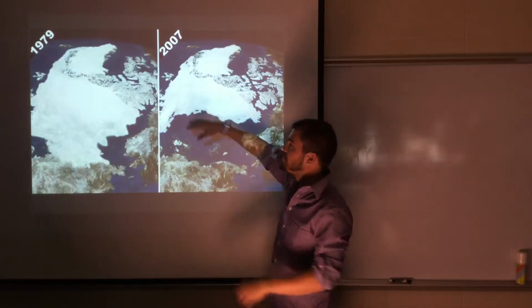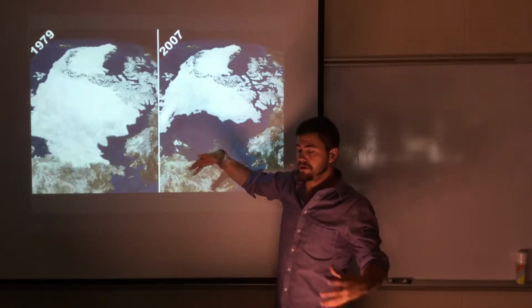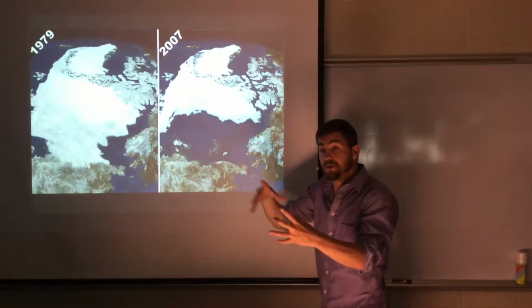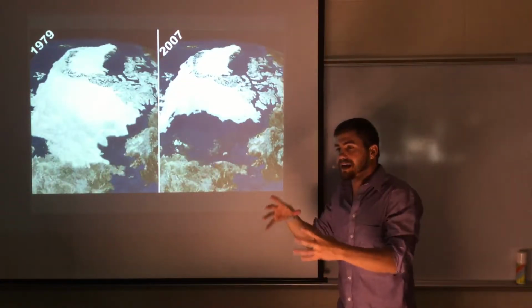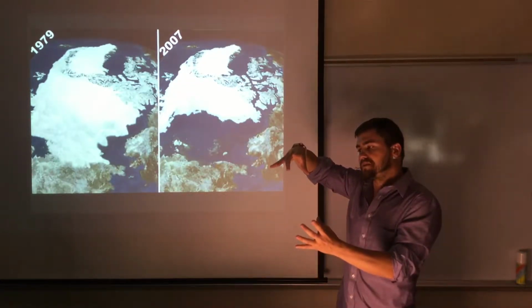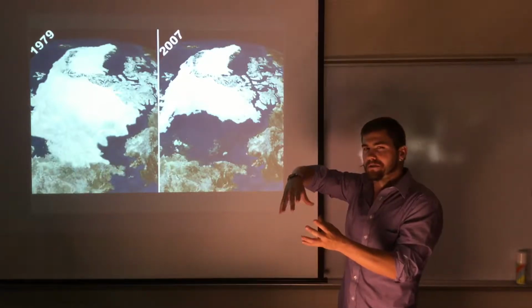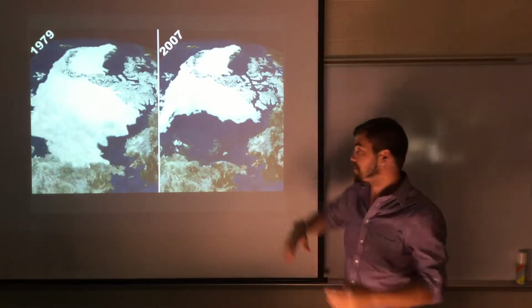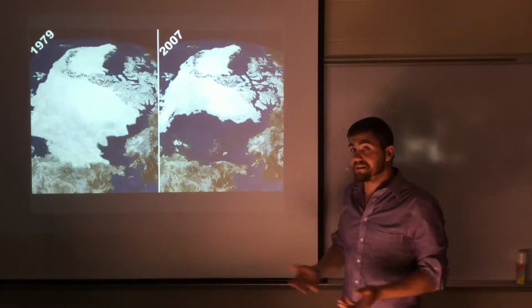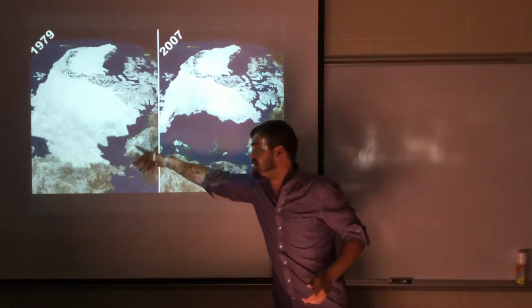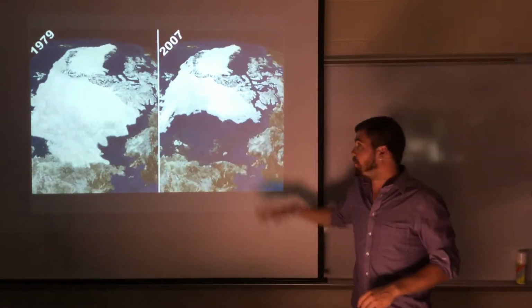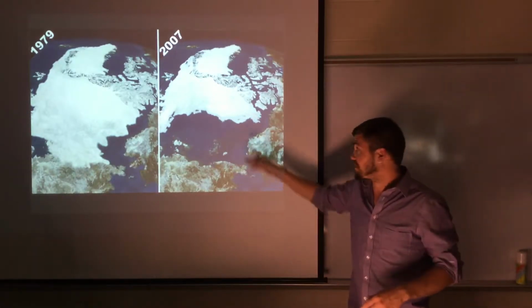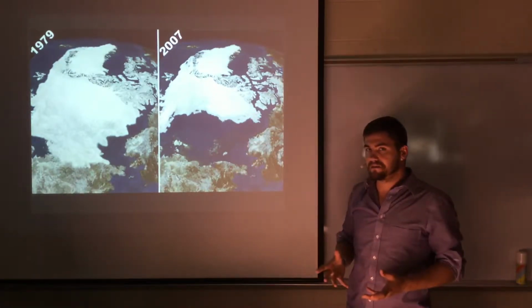There's no land mass. During the winter that grows, and in the summer it shrinks. Well, we've been tracking the minimum amount of ice left in the summer, and over the last several decades, it's been shrinking. This is what it was in 1979. This is what it was a little more than 11 years ago. So far less of it is there.